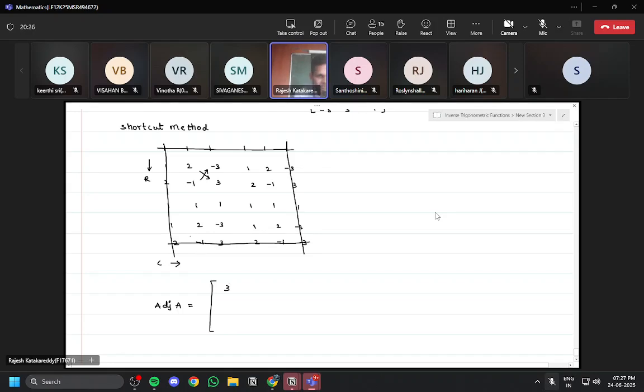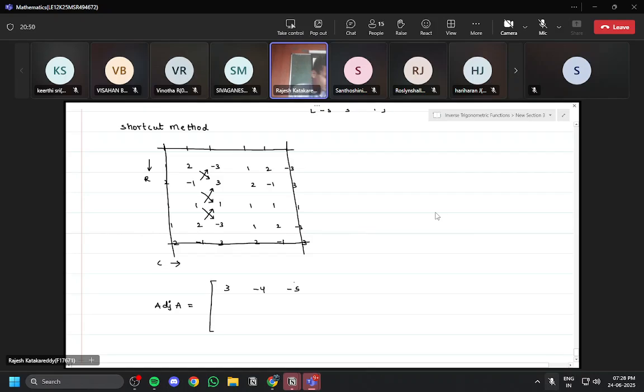In the same way, these two you consider and these two: minus 1 into 1 is minus 1 and minus 3, we have minus 4. Clear? And then again the same thing. This is minus 3 and this will be minus 2. We have minus 5. No need to worry about any sign here.